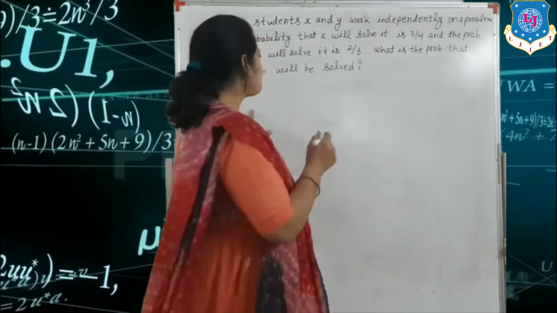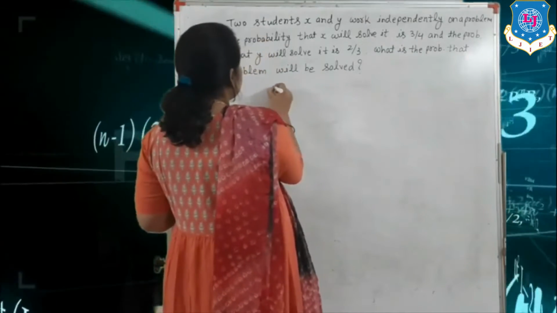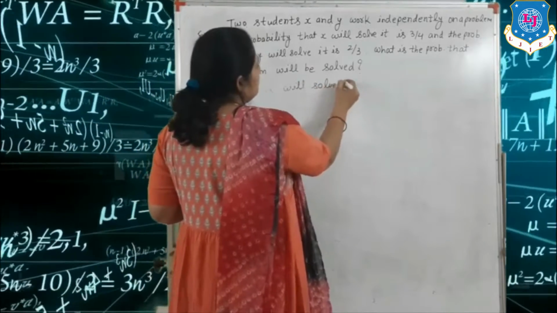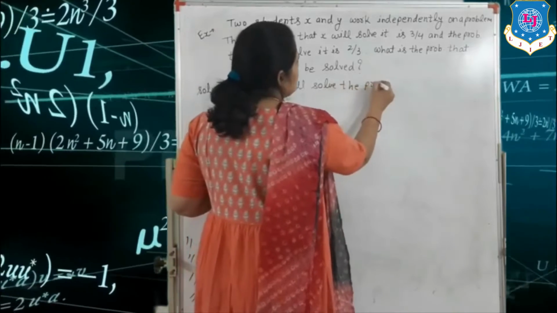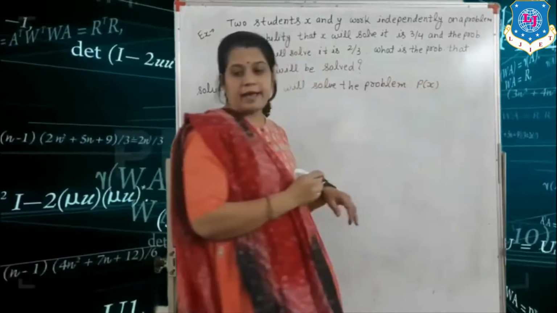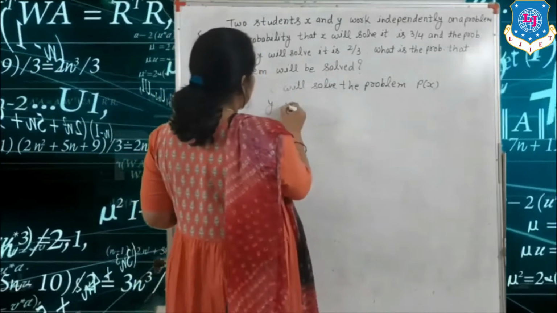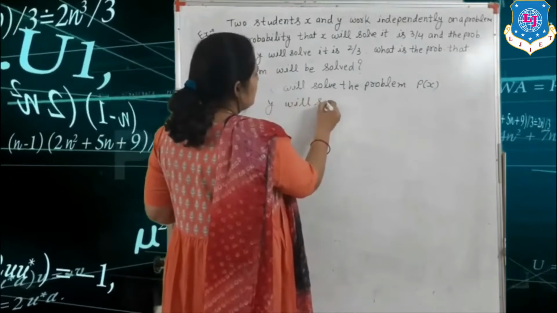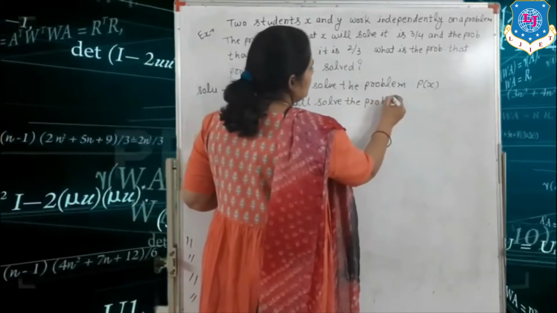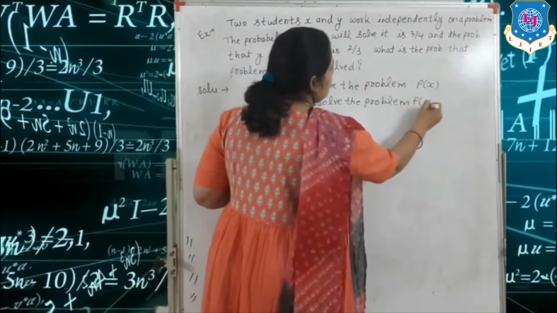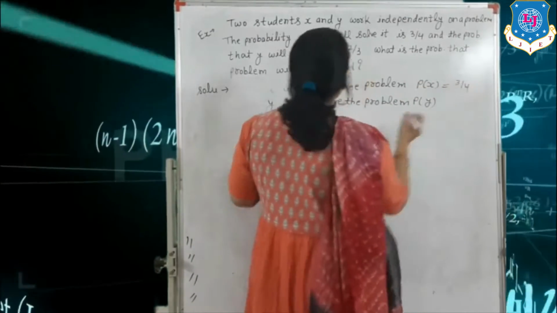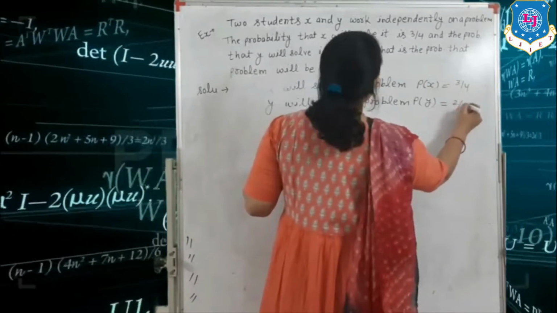So here the solution: X will solve the problem, P(X), and Y will solve the problem, P(Y). P(X) is equal to 3 by 4 and P(Y) is equal to 2 by 3.